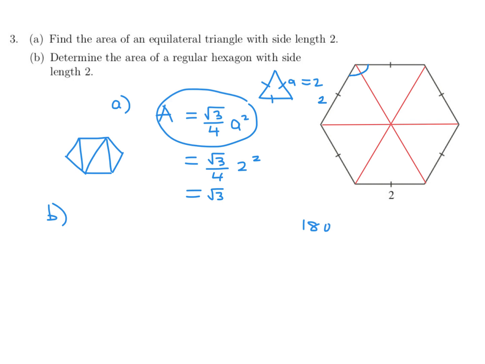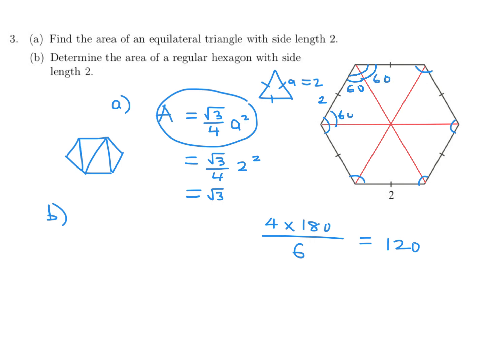So since there's 4 of them, all the internal angles would add up to 4 times 180. Now, how many internal angles do we have? We have 1, 2, 3, 4, 5, 6. So each internal angle you would get by dividing the total by 6. And that would give you 120. So each of these internal angles is 120. Now when I draw these red lines, I'm splitting that internal angle in half. So this one would be 60, and this one would be 60. You got it?